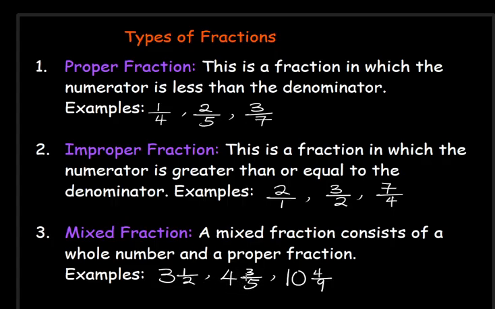This is 4 whole number, 3 over 5. You see that the fraction attached to it is a proper fraction. And then this is 10 whole number, 4 over 9. So a combination of a whole number and a proper fraction gives us a mixed fraction.